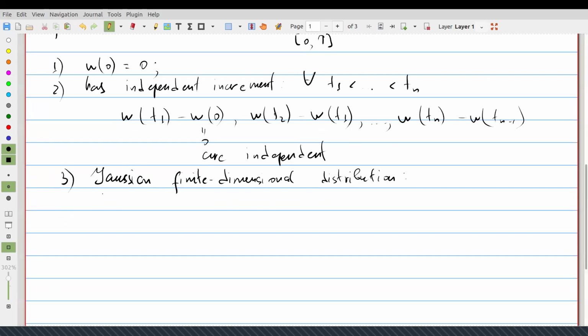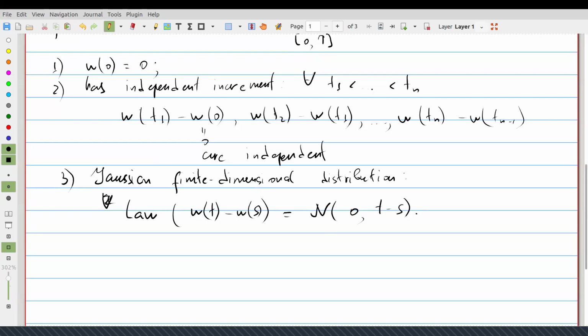So it is sufficient to say that the law of W_t minus W_s is a Gaussian random variable with 0 mean and variance t minus s. If you know distribution of such increments, we using independence can derive the distribution of any finite dimensional distribution.